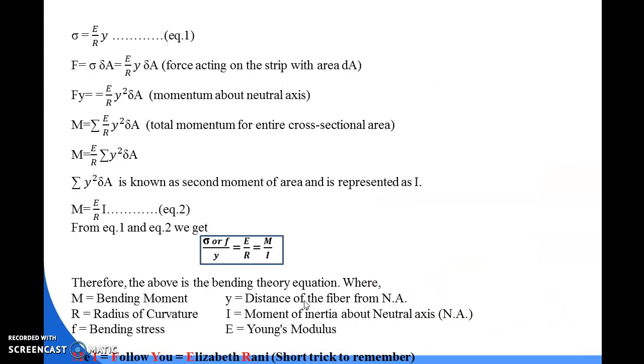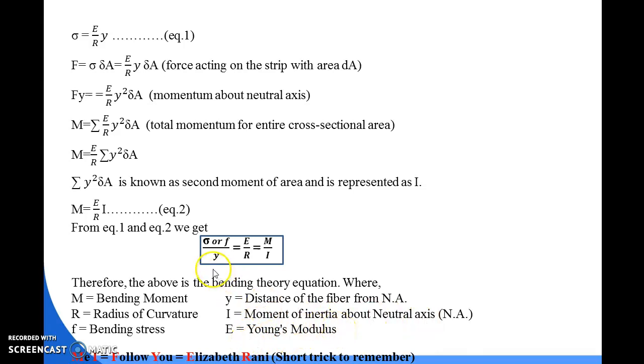Hence, putting the formula together, sigma by y is equal to E by R is equal to M by I, where M is the bending moment, R is the radius of curvature, F or sigma is the bending stress of the section, y is the distance of the fiber to the neutral axis, I is the moment of inertia about the neutral axis, and E is the Young's modulus.